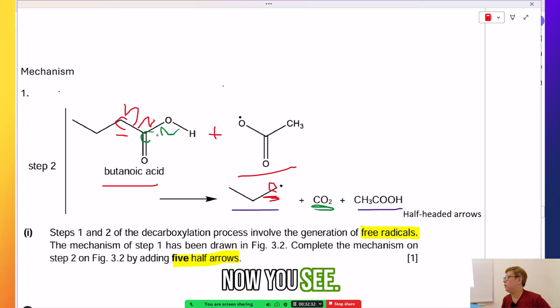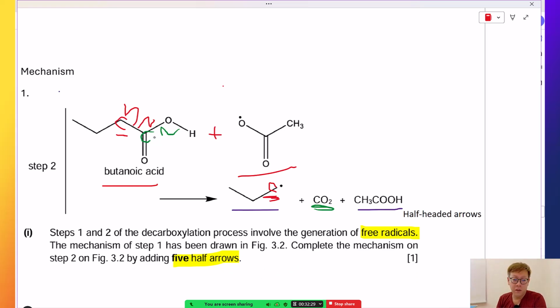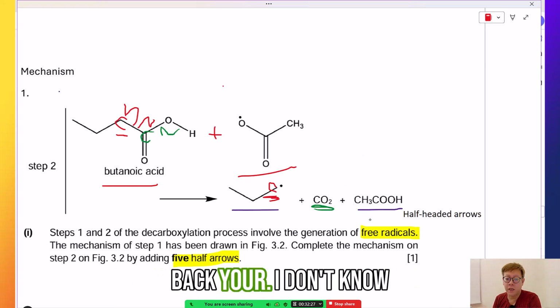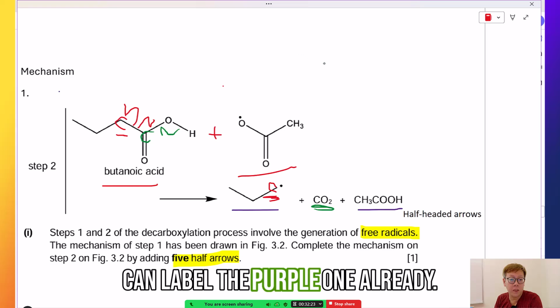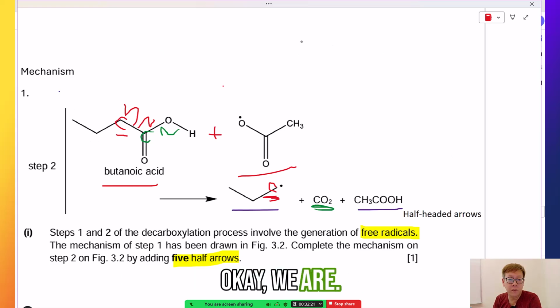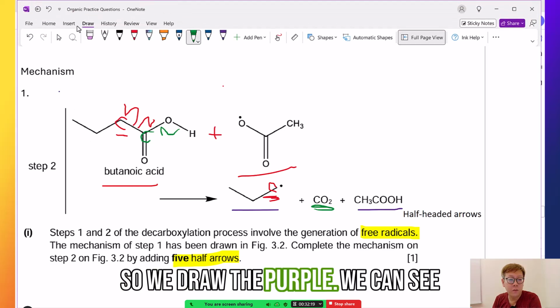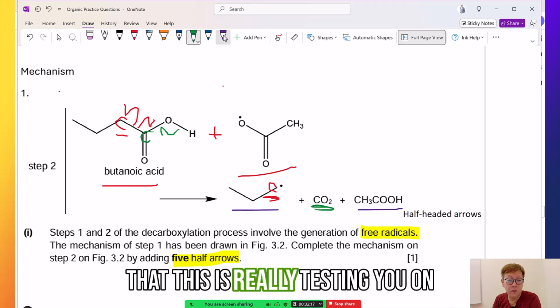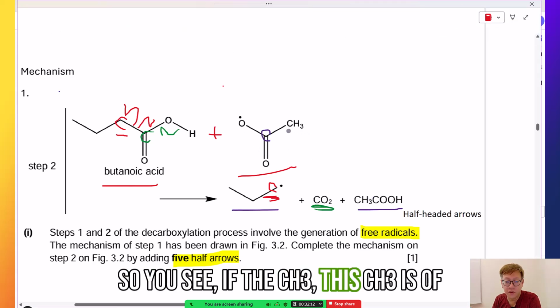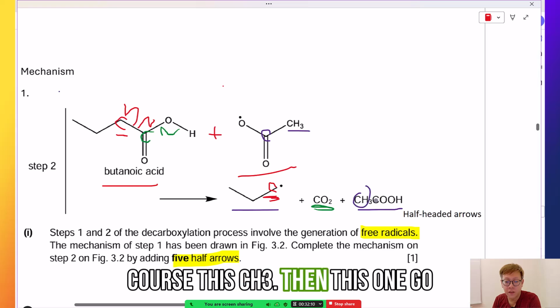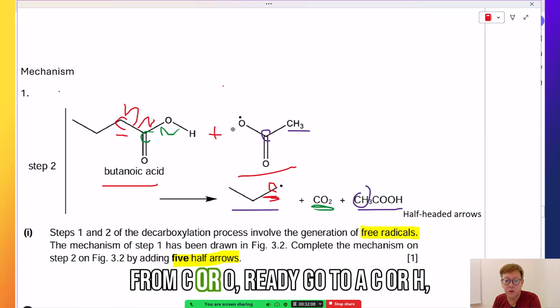Now the other one, you need to get back your ethanoic acid, right? So this one we can label the purple one already. You can see this is really testing you on your logic. This CH3 is of course this CH3. Then this one go from a COO radical to a COH, right?